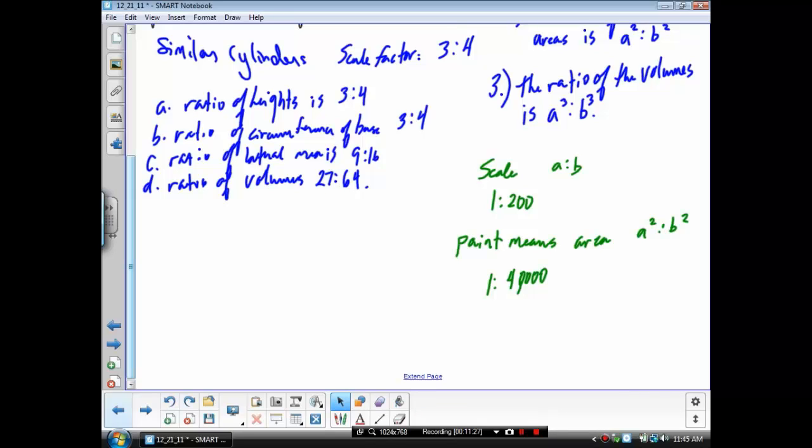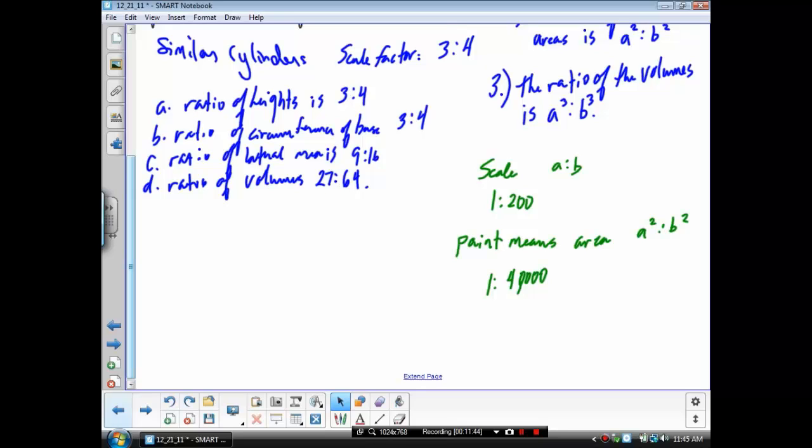Now it also helps explain why, when we were changing from cubic centimeters to cubic meters, we had to divide by 100 cubed.